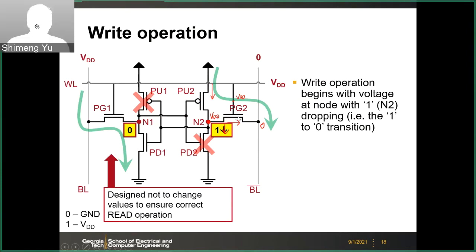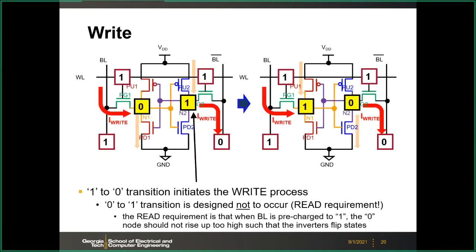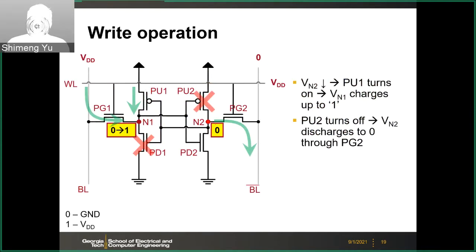If the design makes the N2 node voltage decay to a certain low voltage level, let's say the N2 decays to close to 0, then what will happen is that this N2, remember, is also the input to the PU1 through here. So if this N2 voltage is low enough, then the PU1 will be turned on.